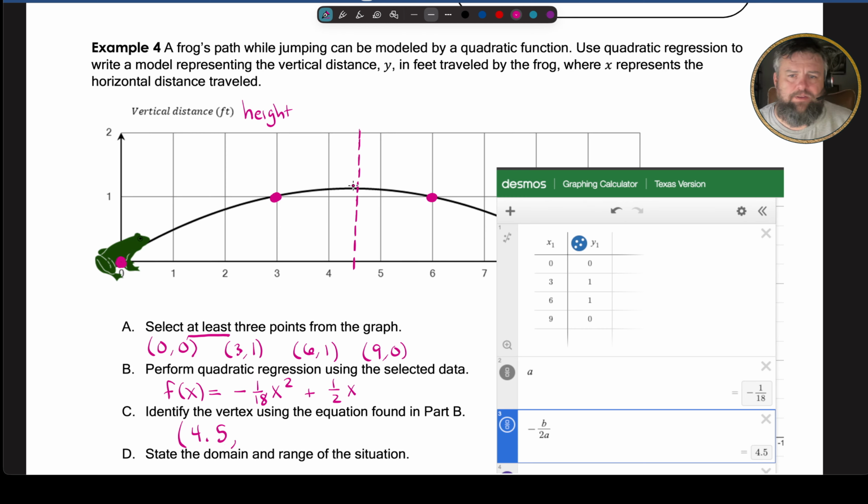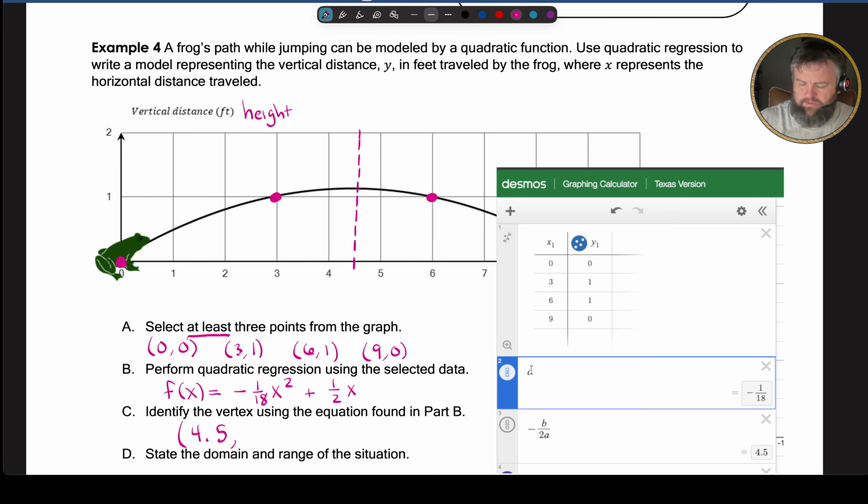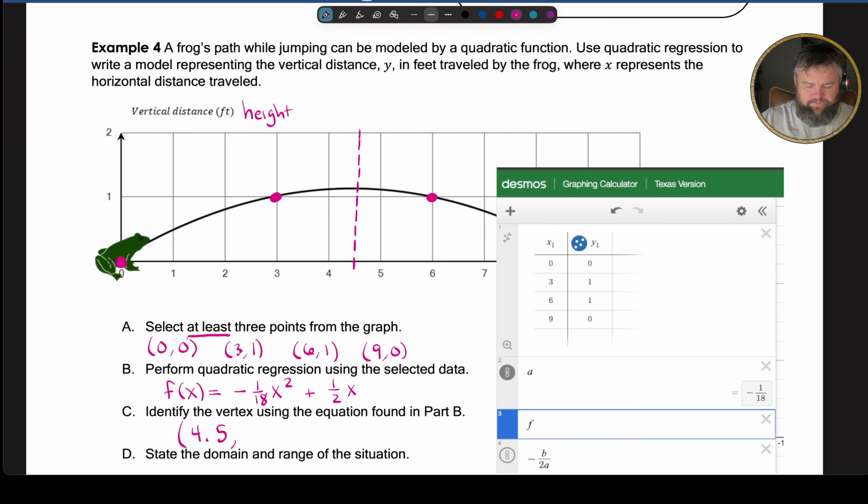Then what we want to do is plug 4.5 into our function. So let's create a function. This was f of x equals negative 1/18 x squared plus 1/2 x.